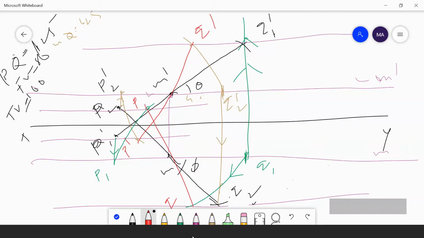Is it clear? Anybody has any doubt? Or else you can draw this half part directly without this projection.